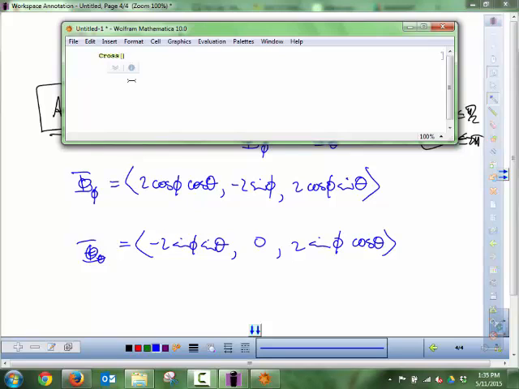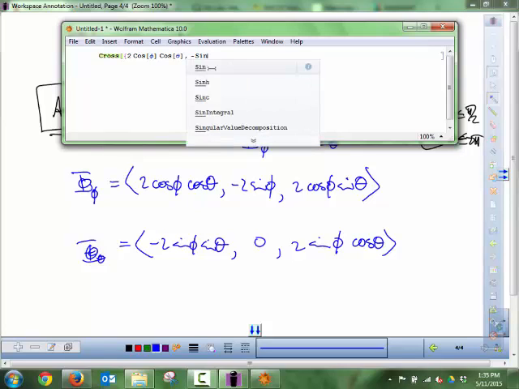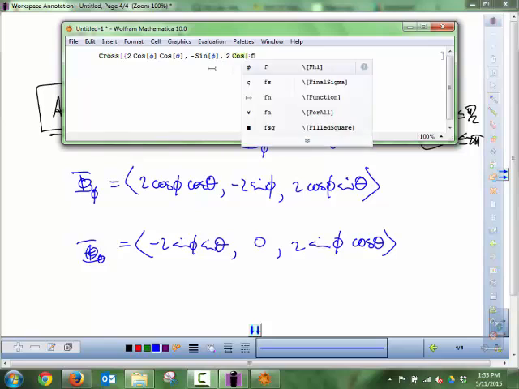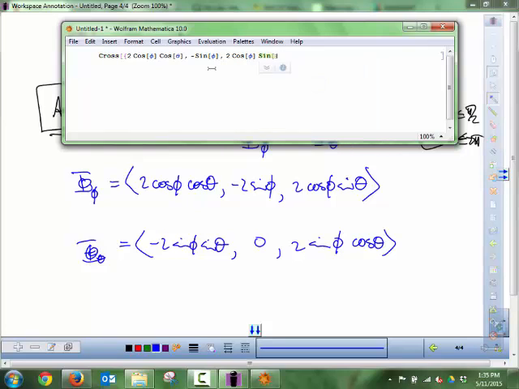Maybe it's just cross. I have 2 cosine phi cosine theta, minus 2 sine phi, 2 cosine phi sine theta.